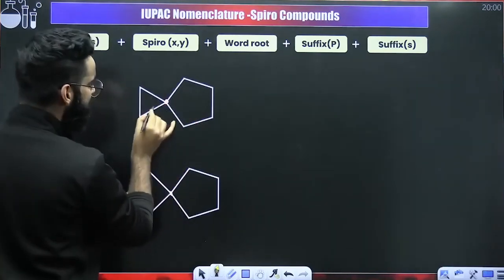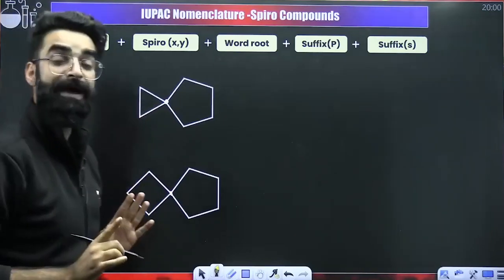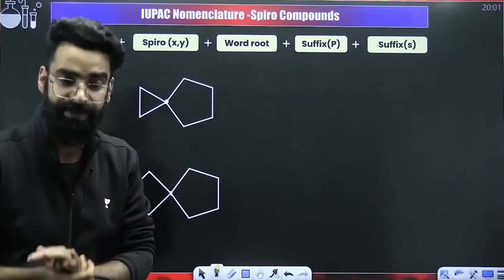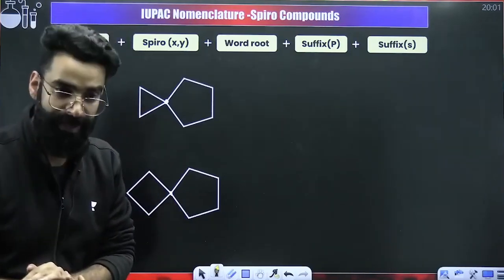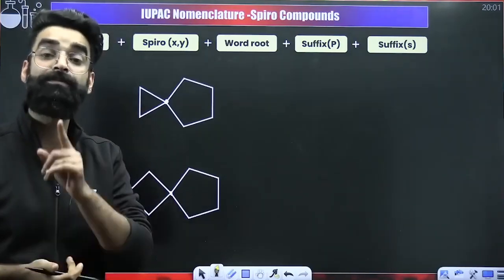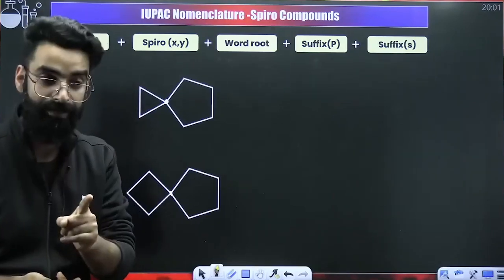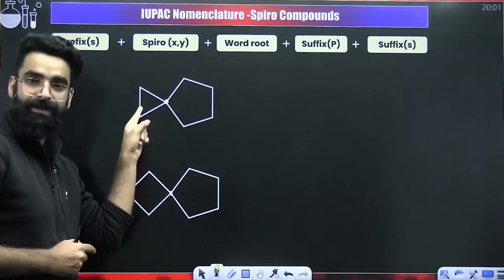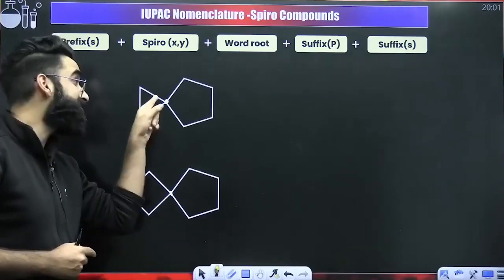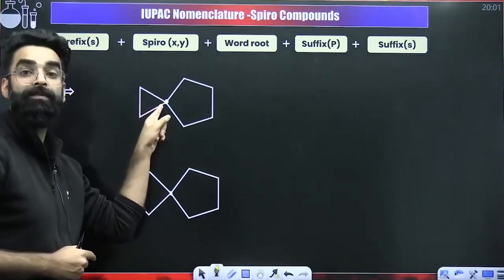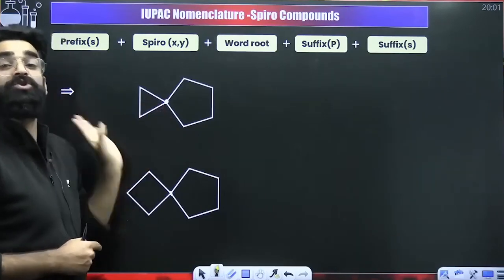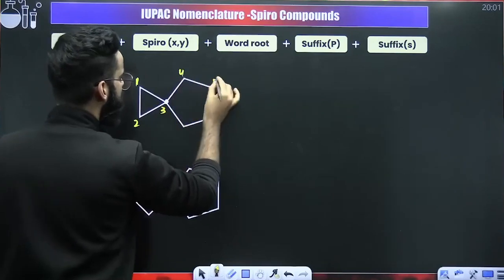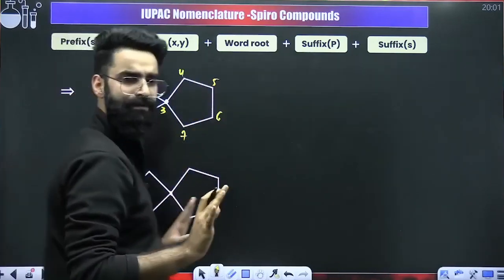In Spiro compounds, you will start the numbering always from the smaller sized ring, but do not start with the spirocarbon. The carbon which is adjacent to the spirocarbon, start from there. So this is 1, 2, 3, 4, 5, 6, 7.